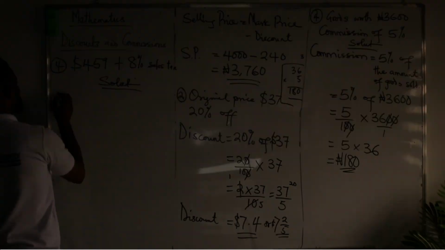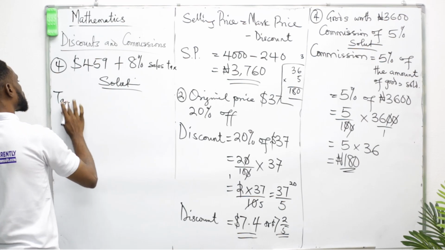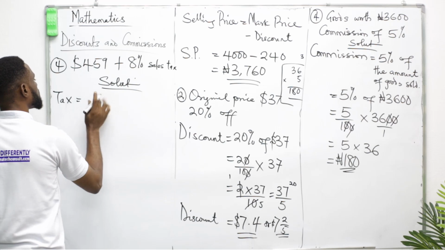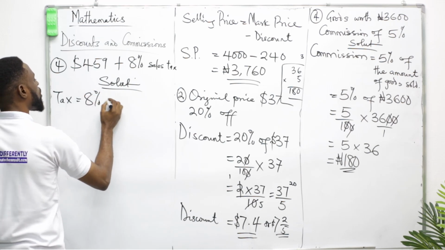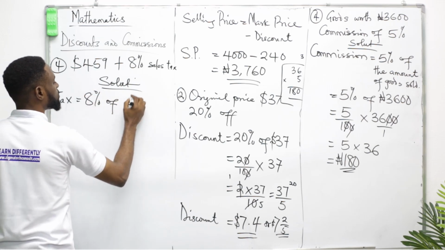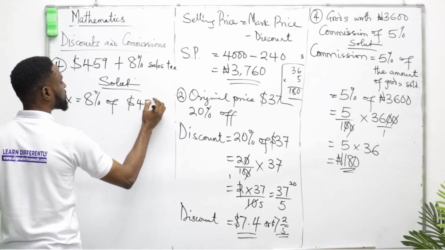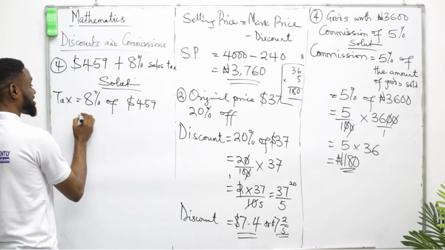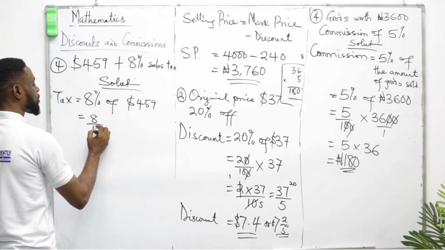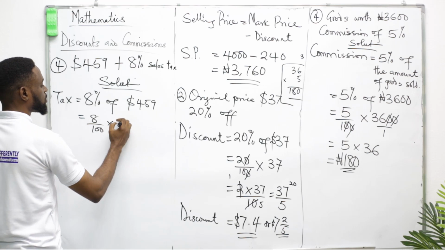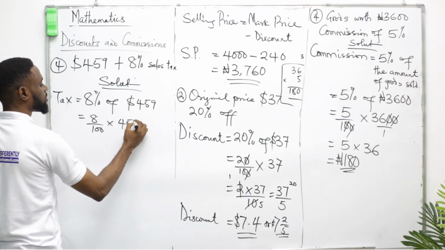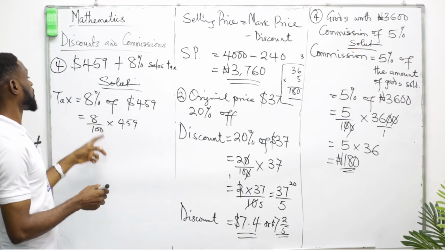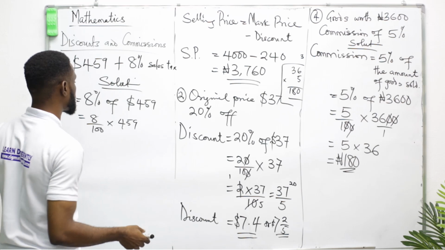Okay, tax. The tax is equal to 8% of the amount, 459. 8% of this. That is the tax, the sales tax. So this is 8 over 100 times 459. Is that okay? 8 over 100 times 459. Is that okay now? All right.